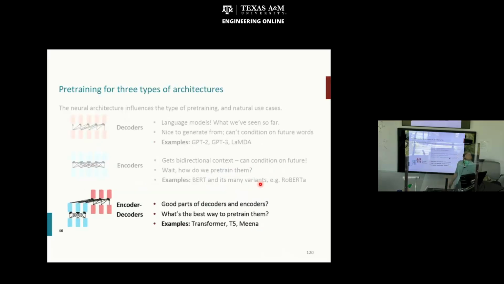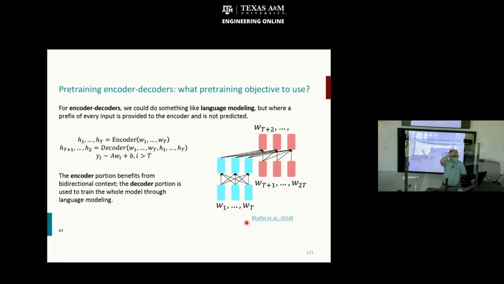Okay, lastly, how can you pre-train encoder-decoder together when your architecture is like this? The examples include the image captioning example I told you before, and one example is called T5, for instance. So how do we pre-train encoders and decoders together?